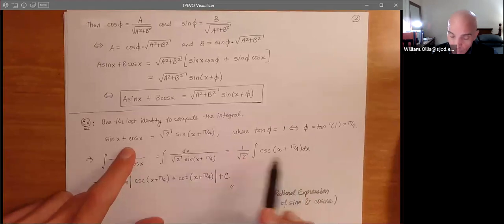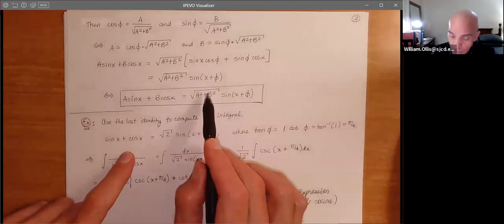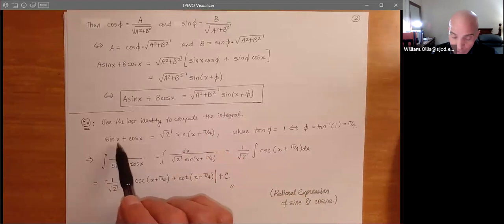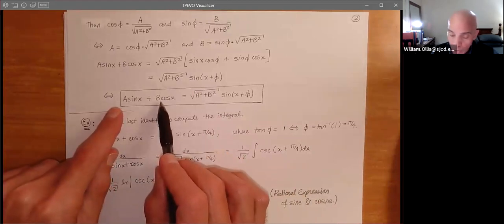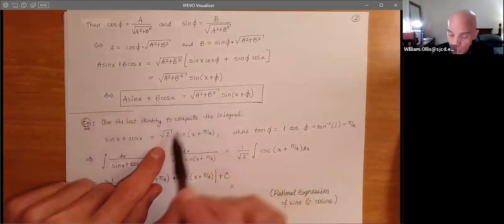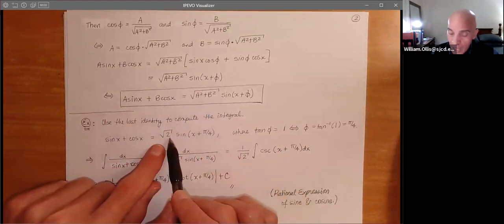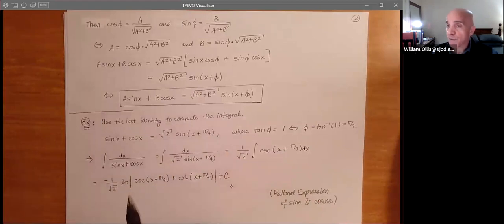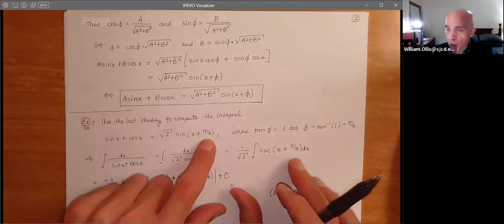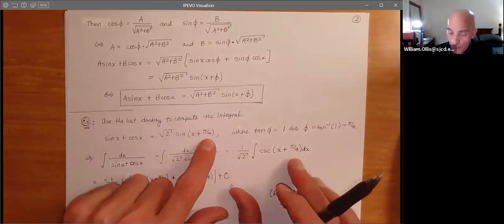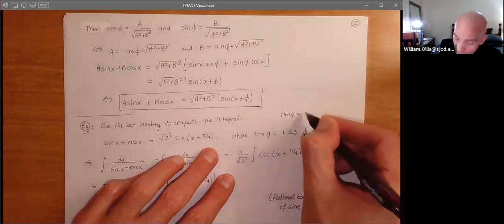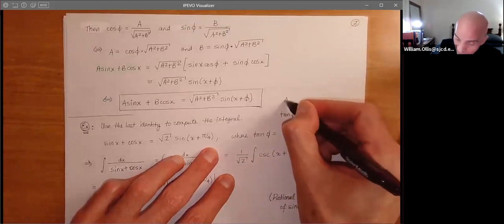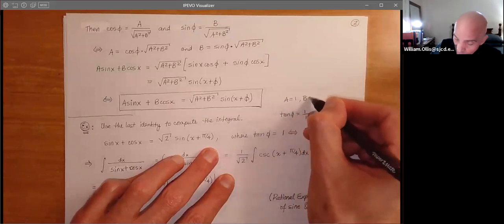So notice here, from this particular derivation, if we have sine x plus cosine x, the a and b are both equal to 1. And so the square root of a squared plus b squared is just the square root of 2. And of course, tangent phi equals 1 means phi is pi over 4. So this is a very user-friendly setup here. So again, tangent of phi equals 1 over 1 because we have a equals 1 and b equals 1.